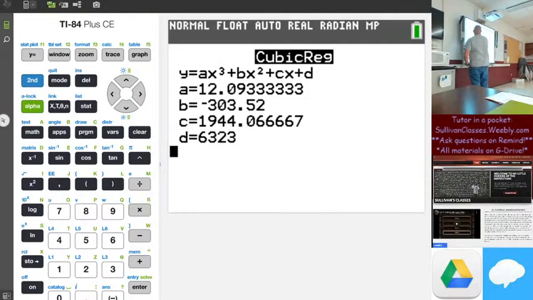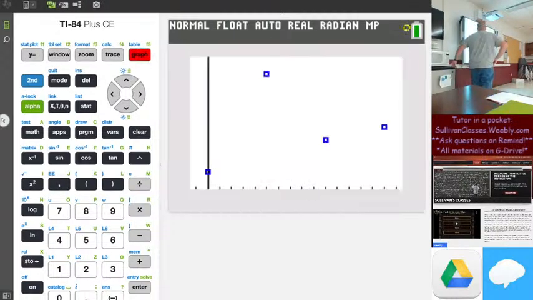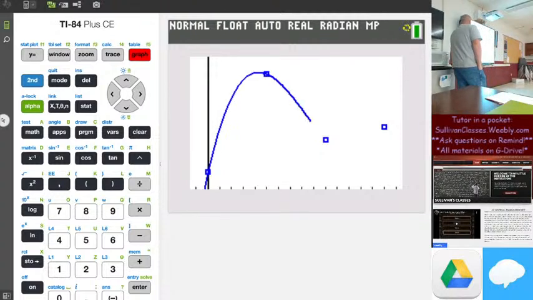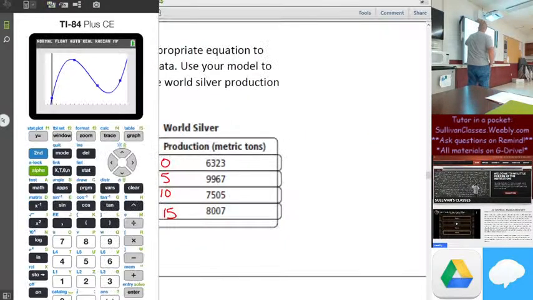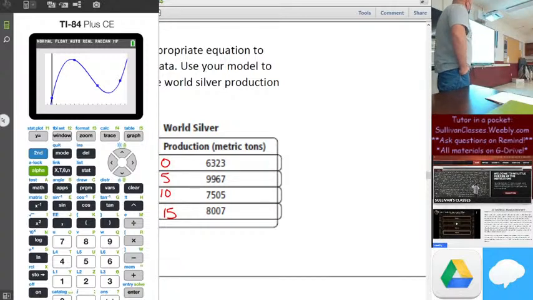Actually, let's come back here. So now if I graph it, oh wow, that hit perfectly. Random food-related bonus to anyone who can tell me why it hit perfectly.